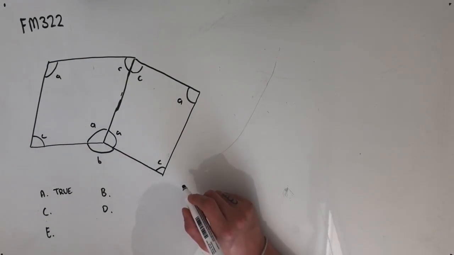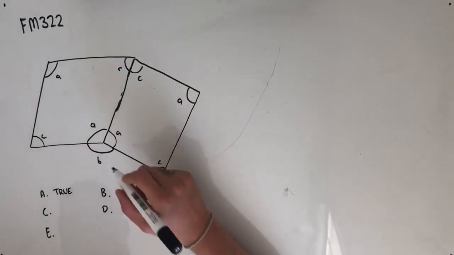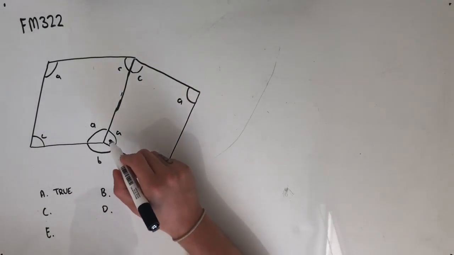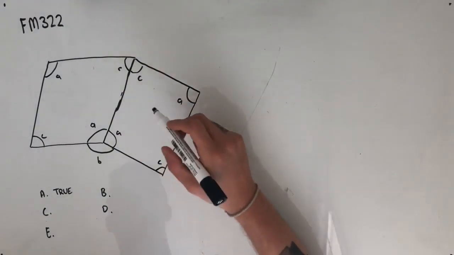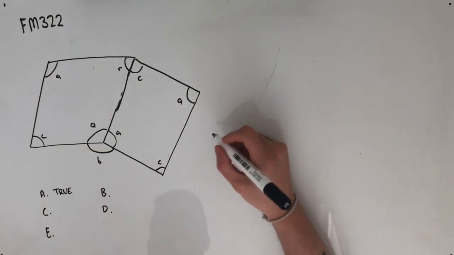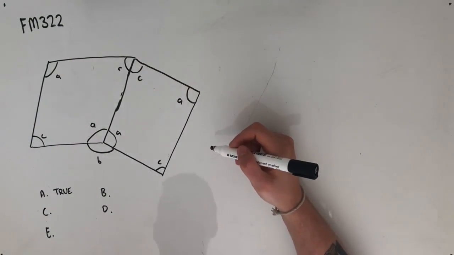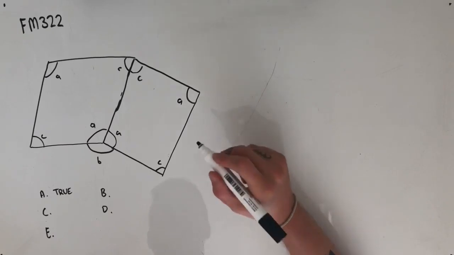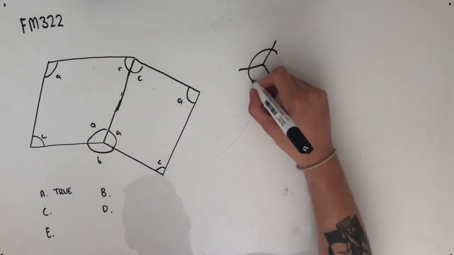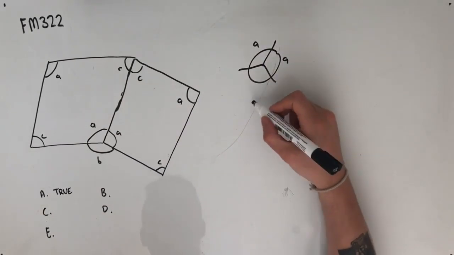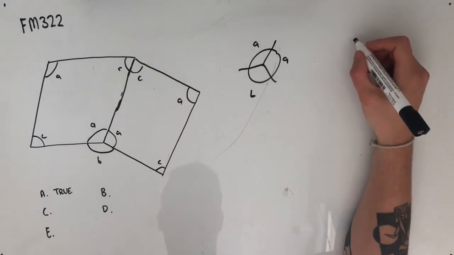Looking at option B, we've got 2C is equal to B. Now, we know that this is true because if we were to look at just one of these parallelograms, for example, we can see that we've got two values of A and two values of C. We also know that all of the angles within a 4-edge shape like this are going to add up to 360 degrees.